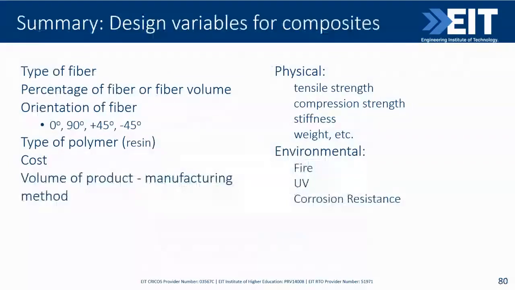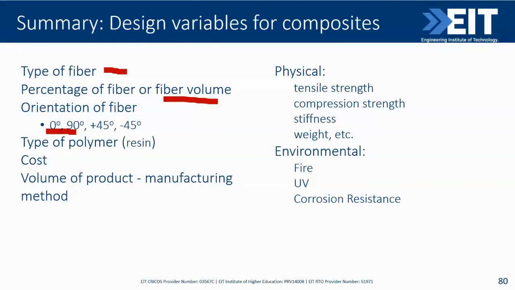Well, let's summarize all this. When designing a structure that uses composite materials, you have to consider the following parameters: the type of fiber, the fiber volume, and the orientation.